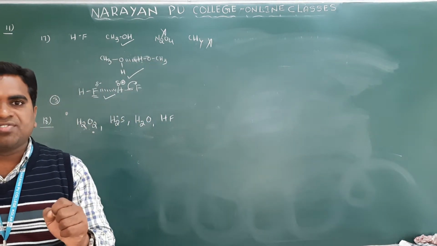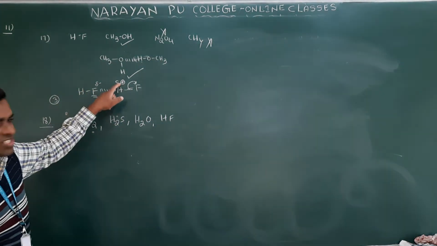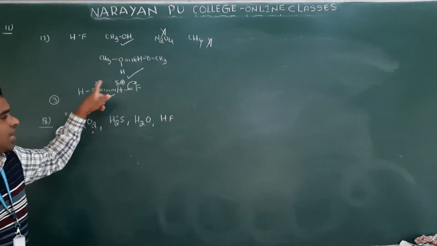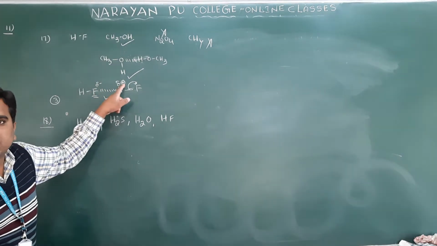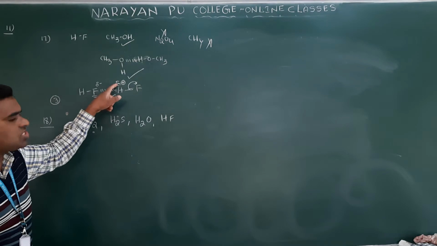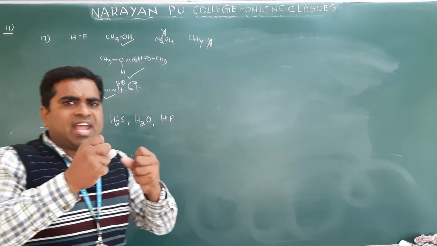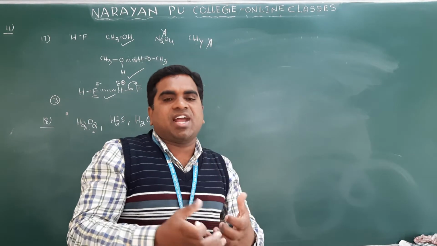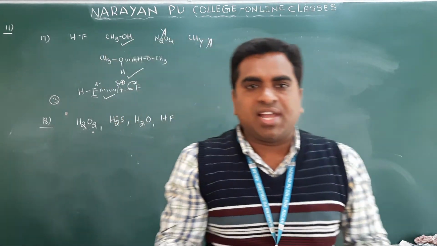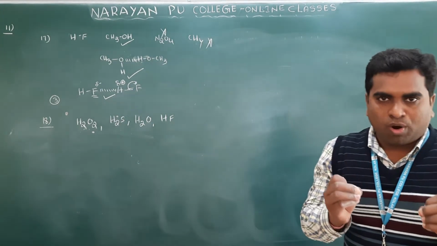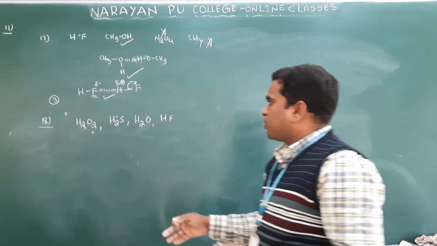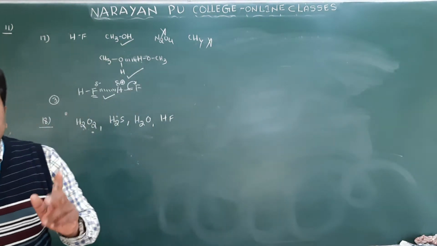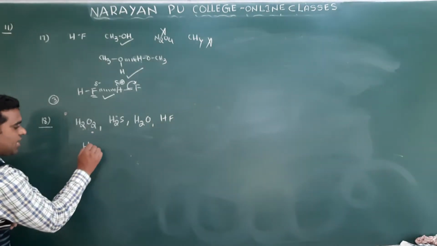Greater the electronegativity, greater will be the charges on the highly electronegative atom and the hydrogen atom. Greater the charge density, greater will be the attractive forces, and those attractive forces are considered hydrogen bonding. Clear?